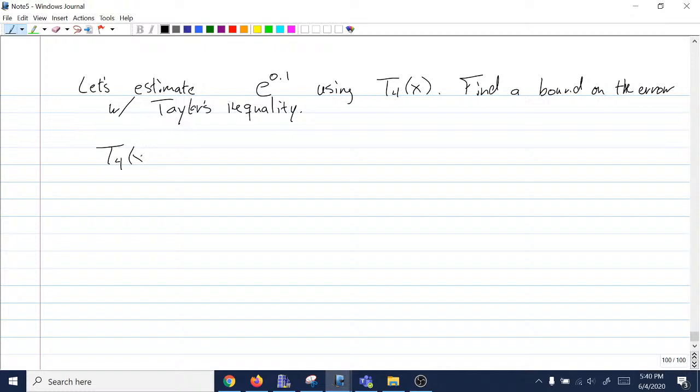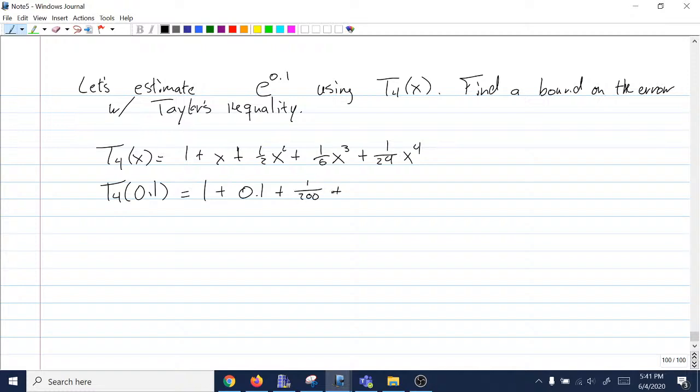Well, T4 of x is 1 plus x plus a half x squared plus a 6th x cubed plus 1 over 24 x to the 4. So T4 of 0.1 is going to be 1 plus 0.1 plus 0.1 squared is 1 over 100, so 1 over 200. 0.1 cubed is 1 over 1,000, so I got 1 over 6,000. 0.1 to the 4th is 1 over 10,000, so I got 1 over 24,000.